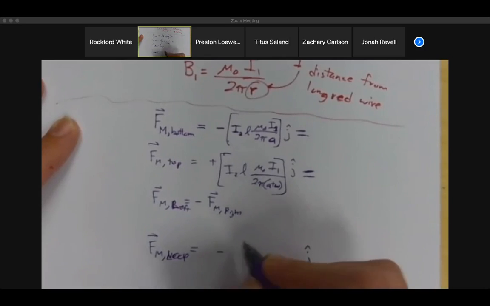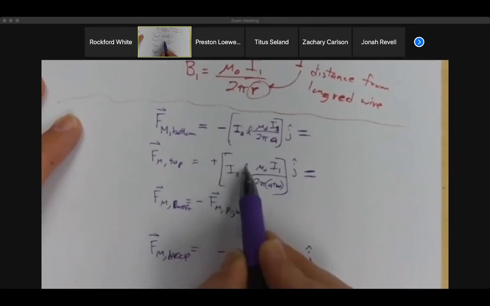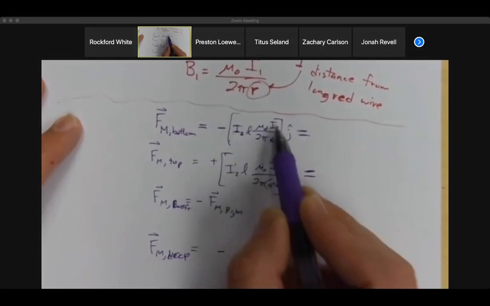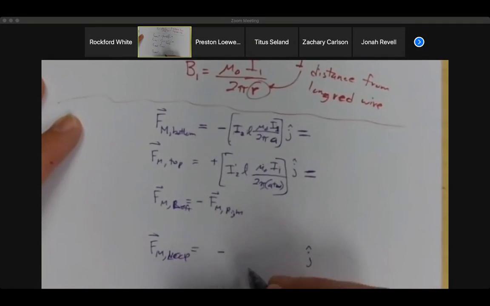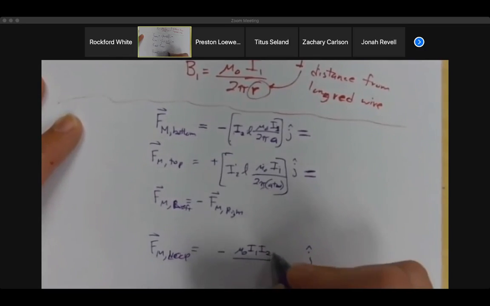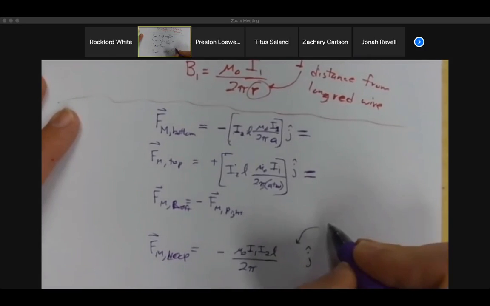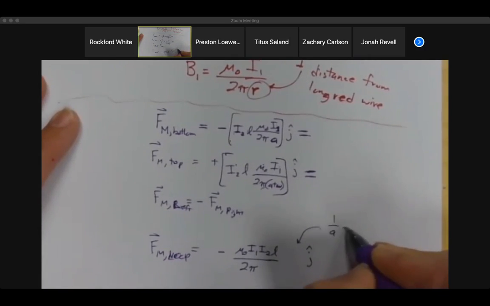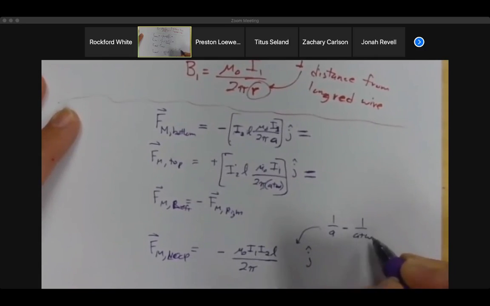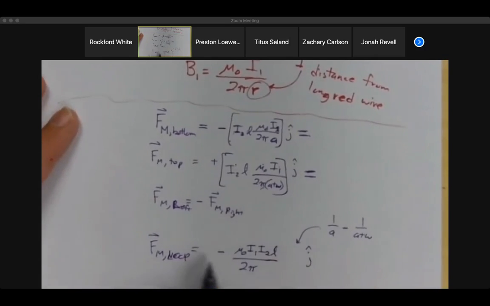I know you're going to get length, I2, mu naught, I1 over 2 pi. It doesn't seem too avoidable there. Mu naught, I1, I2, L over 2 pi. And then I'm just going to kind of say you would do something like 1 over a minus 1 over a plus w, because I've already kind of factored out the minus sign.